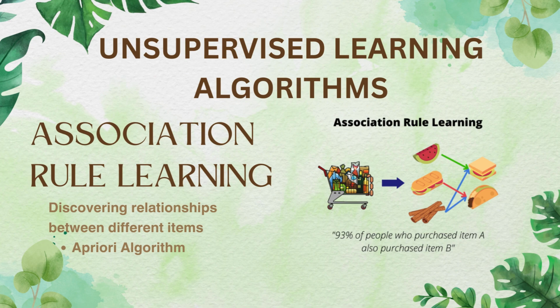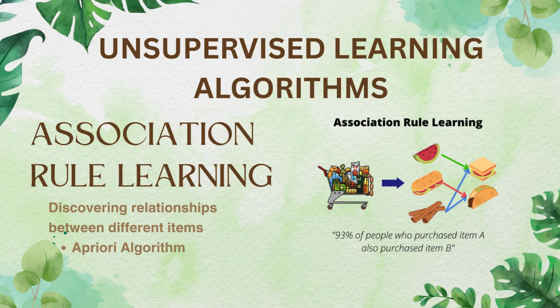Okay, Asma, love that. What's next on the list? The second one is association rule learning. This one is all about discovering relationships between different items in a big data set. Oh, it's like when Amazon tells you people who bought this also bought, right? Exactly.